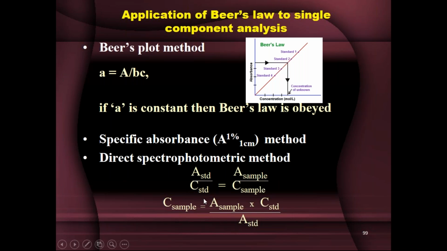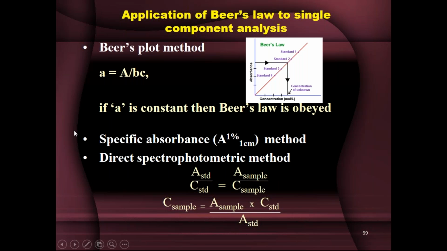Since they are the same substance, the absorptivity will be the same, so you can reduce it to this equation: A standard by C standard equals A sample by C sample. Because you can write in this form for standard, and you can also write for sample in the same form.